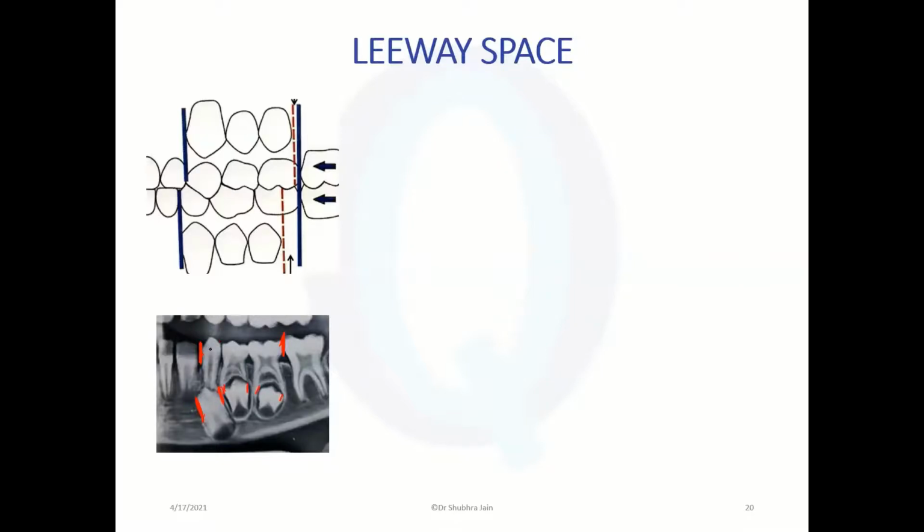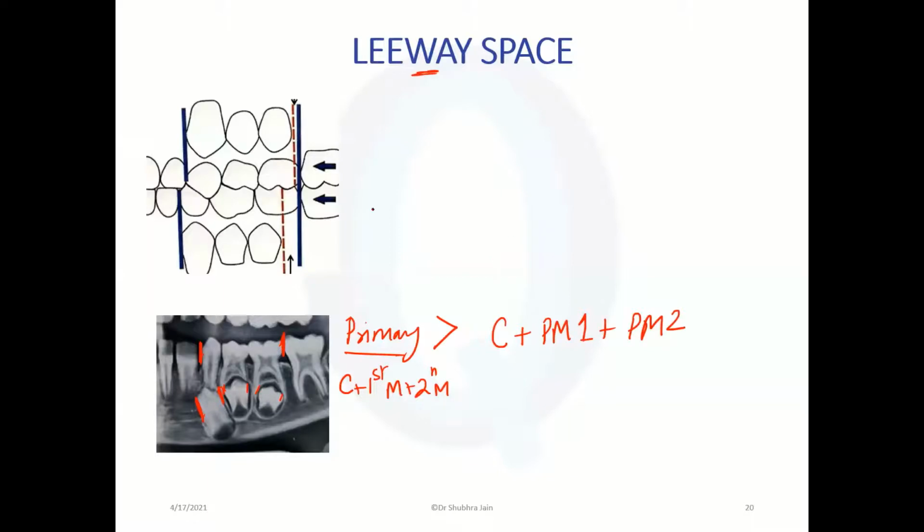The combined width of the primary canine, first molar and second molar is more than the combined width of the permanent canine, first premolar and second premolar. This is leeway space.